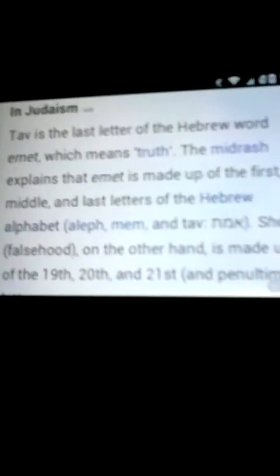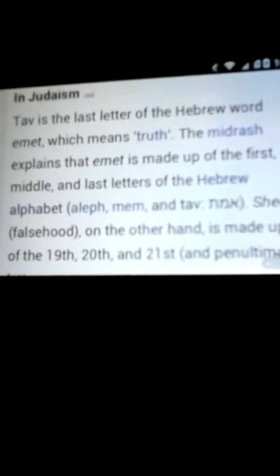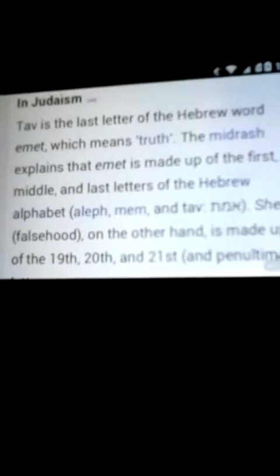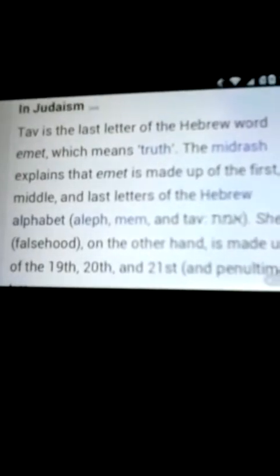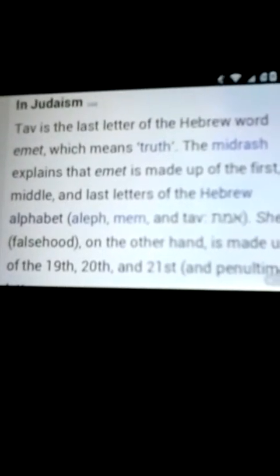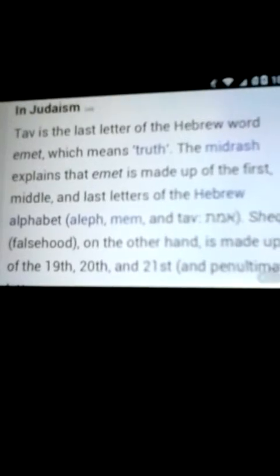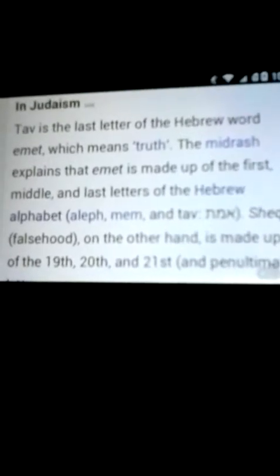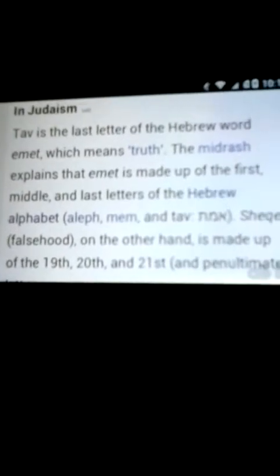So looking at the word emet, which means truth, now, if I multiply the word truth, you'll see the year 2015. Okay. In the word alphabet, T is 20, A is 1, E is 5. That's 2015.